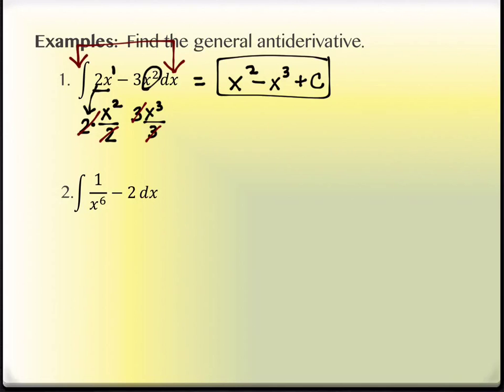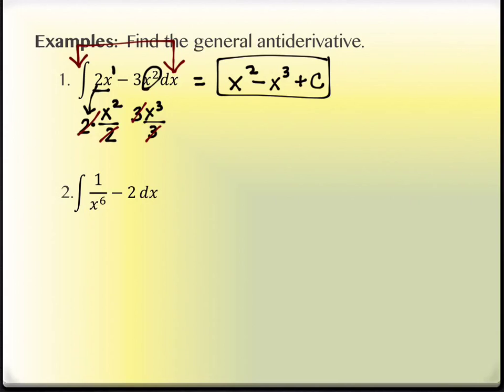In theory, x is not the only letter we could use as a variable, right? You'll see t used a lot as well, so you might see a dt at the end. When we get further along into chapter 4, you're going to see some u's, so you're going to see a du at the end. All right, so it's just telling you this is the variable in my problem. These two go together. They are either both present or they're both absent. So if you have one and not the other, you've got a mistake.